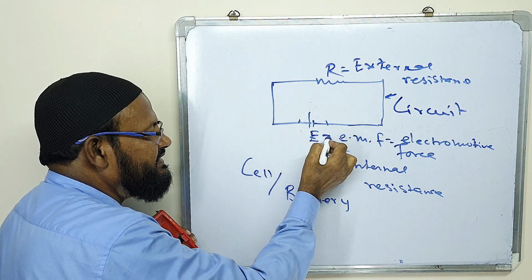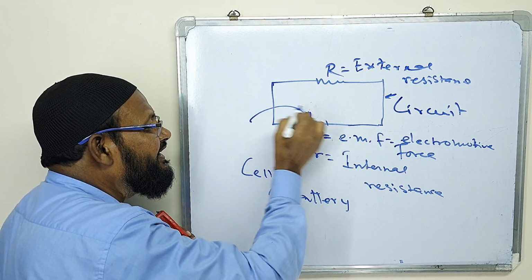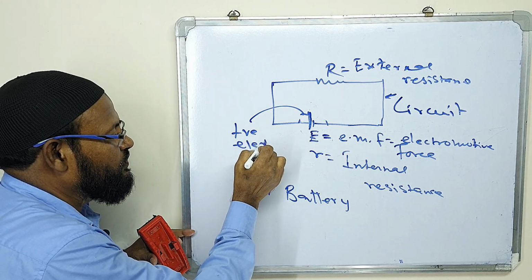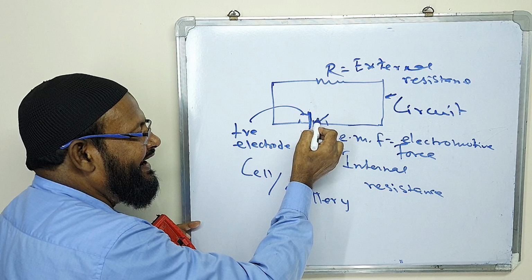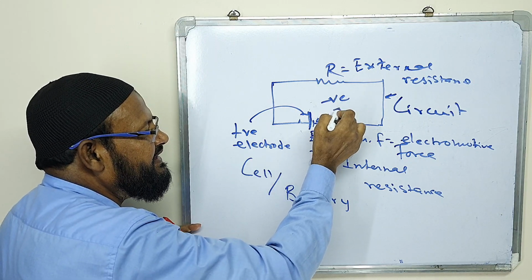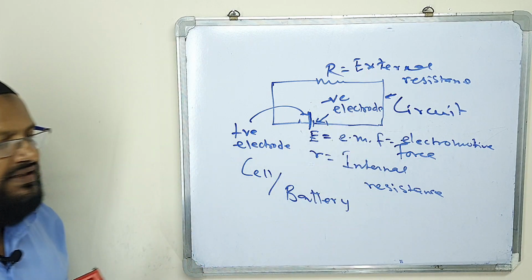This is EMF. This bigger hand acts as the positive electrode, and this smaller hand, sir, is the negative electrode.